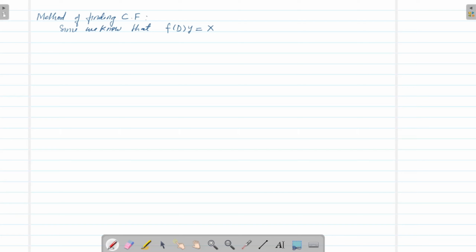So for complementary function we put f of D equal to 0.